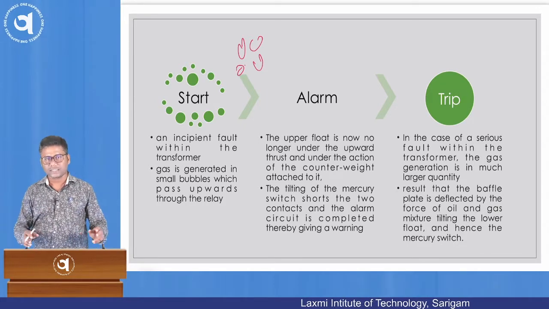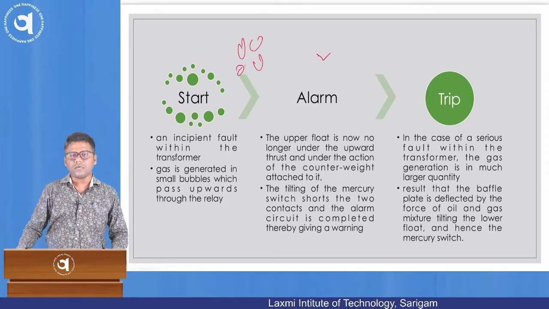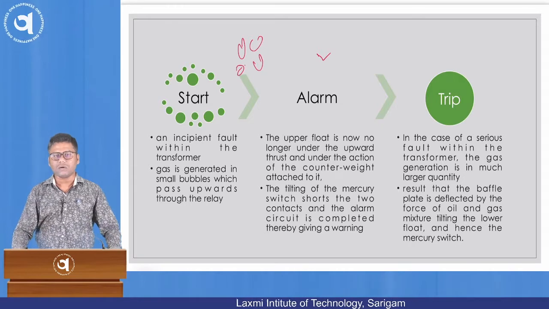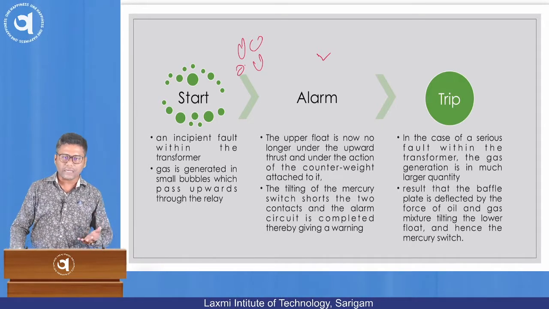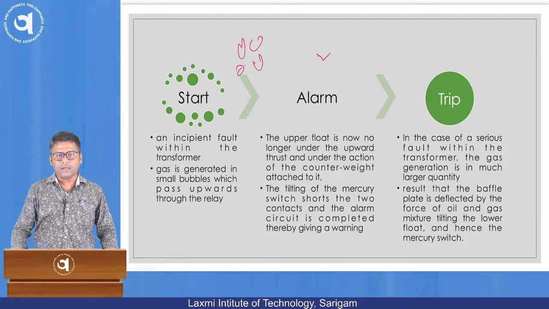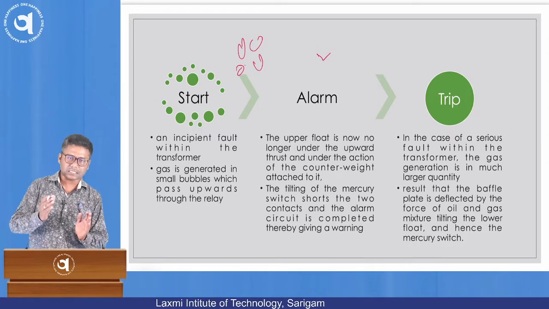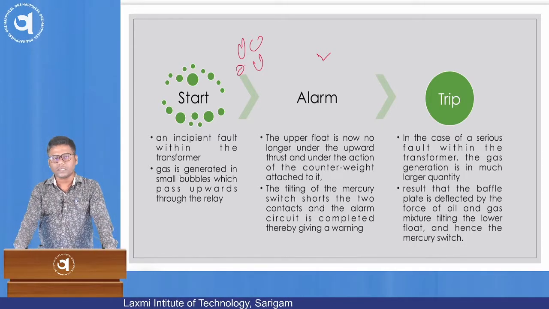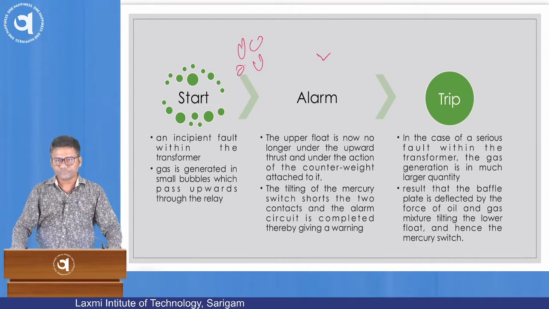Now, the first condition is the alarm condition. When the bubbles have been created, the upper float is no longer under the upward thrust, and under the action of the counterweight, which is on the downside, it tends to tilt the mercury switch. The tilting of the mercury switch shorts the two contacts, and the alarm circuit is completed, thereby giving the warning signal.